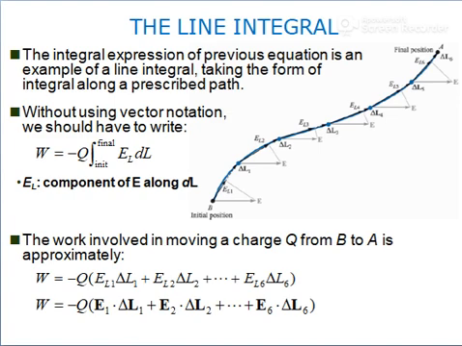The work involved in moving a charge Q from B to A is approximately W equals minus Q times the bracket, with up to 6 components, 6 sections: E_L1 delta L1 plus E_L2 delta L2 up to E_L6 delta L6. So W is equal to minus Q. You can write E_L1 as E1 dot delta L1 instead, and the same thing for all components, right?